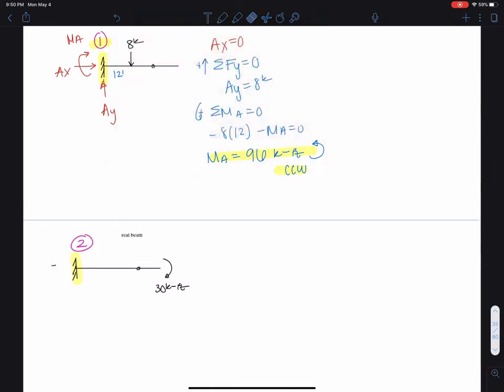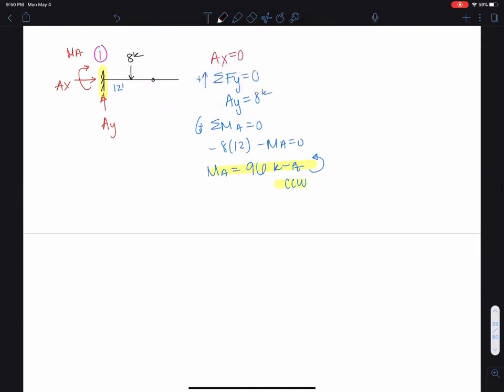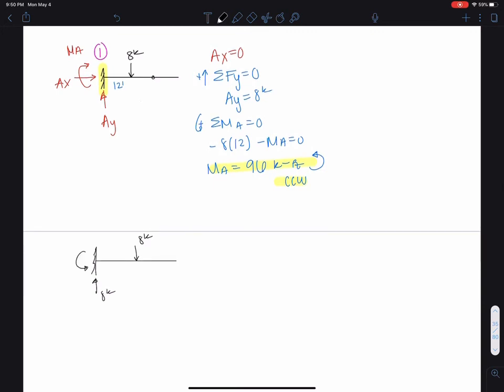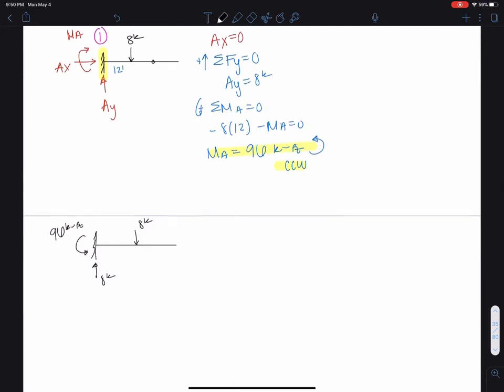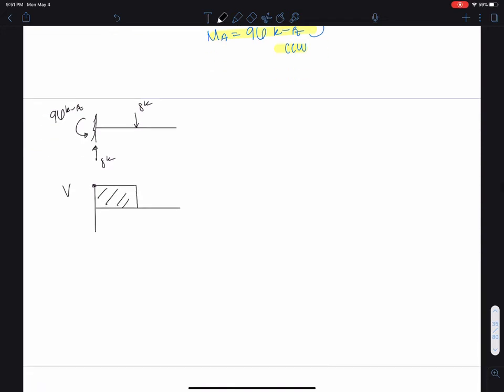Actually, let's draw the shear and moment diagrams for this before we do that. It's probably better. So here, for this beam, we have 8 kips, so we have a shear diagram that basically looks like that.